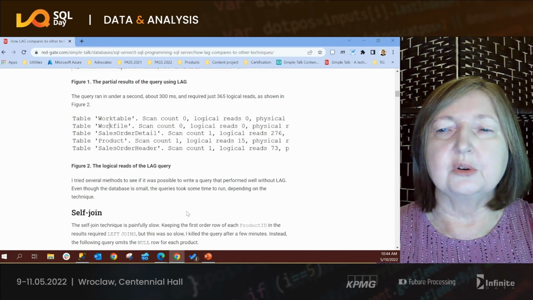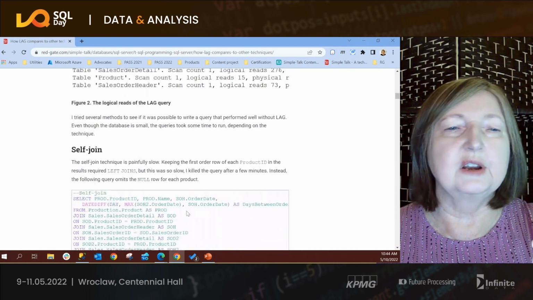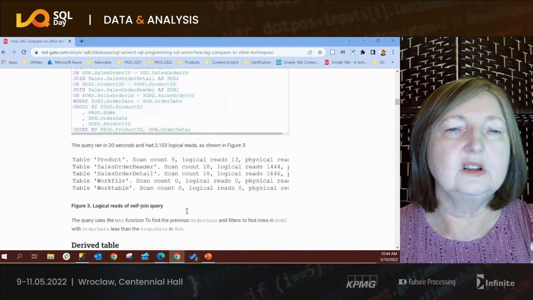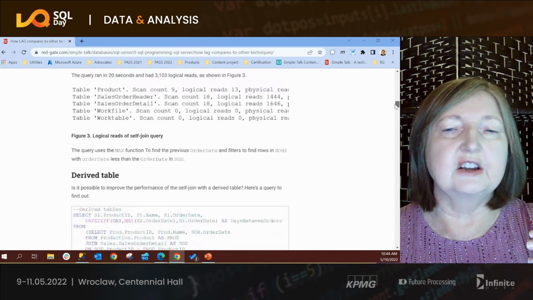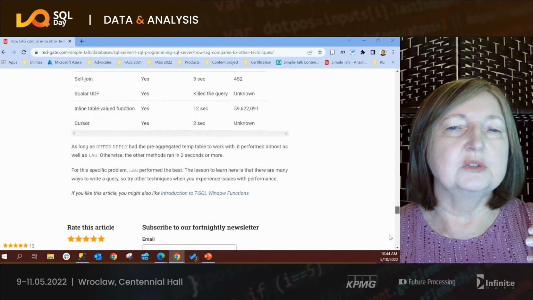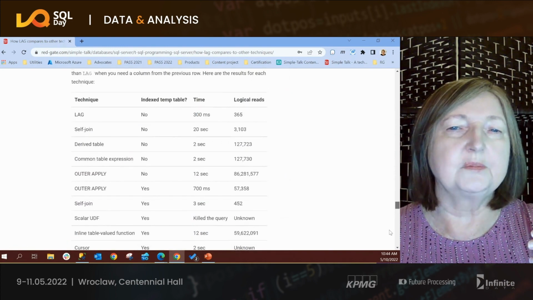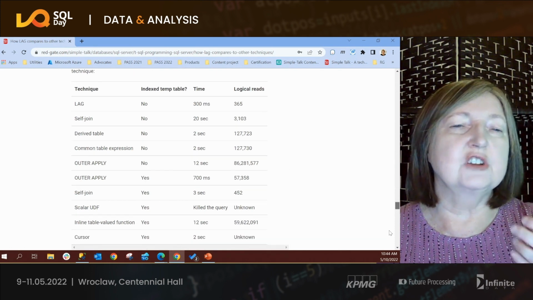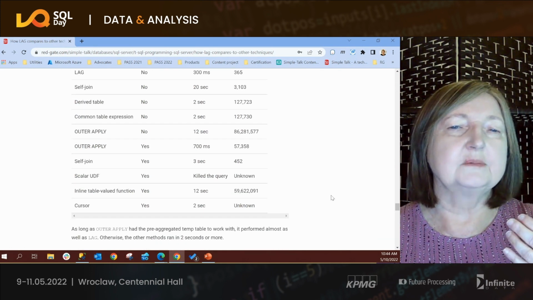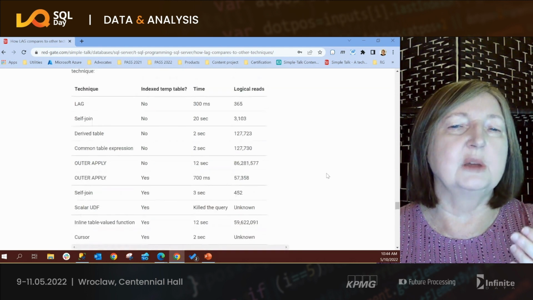But what I'm going to do is scroll down to the very end here. These are all the different techniques that I use, and I have timings as well. If I just use lag, I did not use a temp table. It was 300 milliseconds and 365 logical reads.